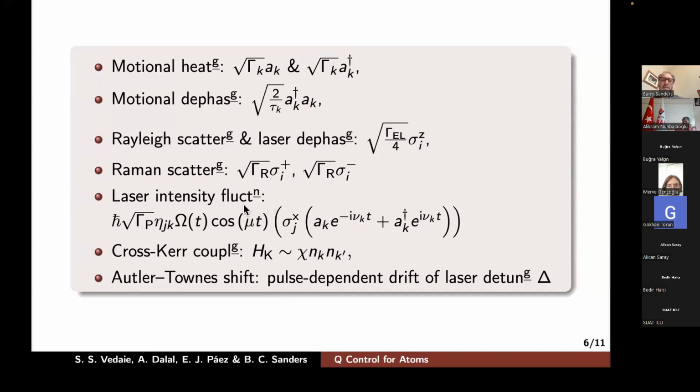Raman scattering effects, laser intensity fluctuations here, cross-Kerr coupling between vibrational modes, and an Adler-Townes shift, also known as an AC Stark shift, which is a pulse-dependent drift of laser detuning. So the laser detuning can change. So we incorporate these into our master equation.